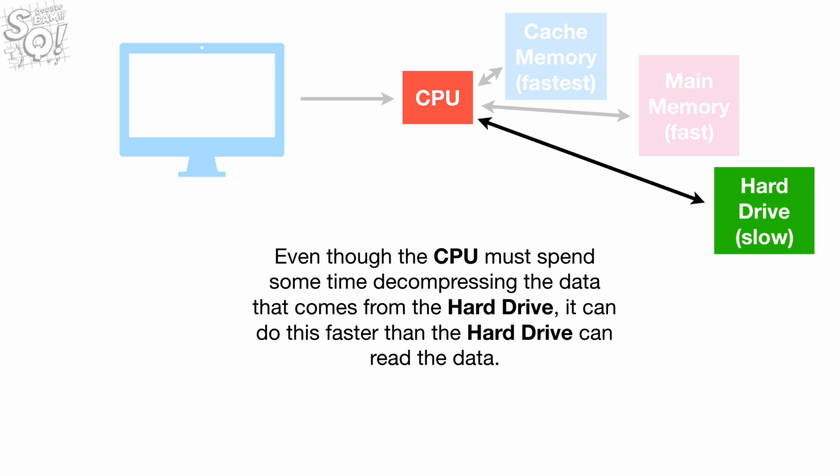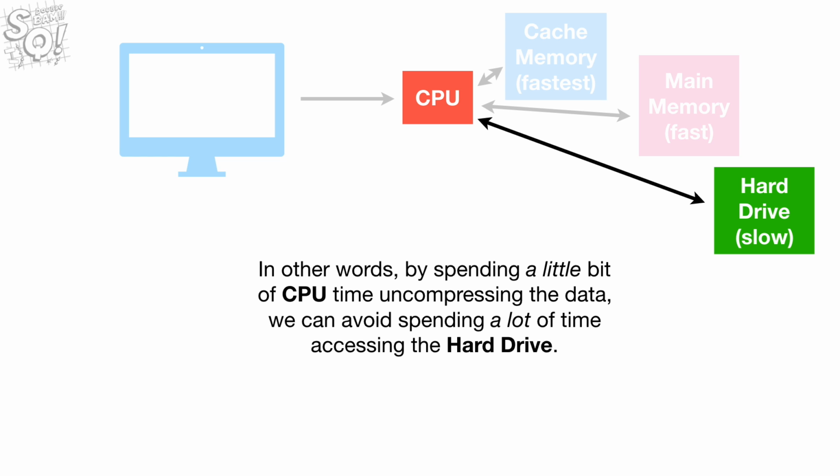Even though the CPU must spend some time decompressing the data that comes from the hard drive, it can do this faster than the hard drive can read the data. In other words, by spending a little bit of CPU time uncompressing the data, we can avoid spending a lot of time accessing the hard drive.